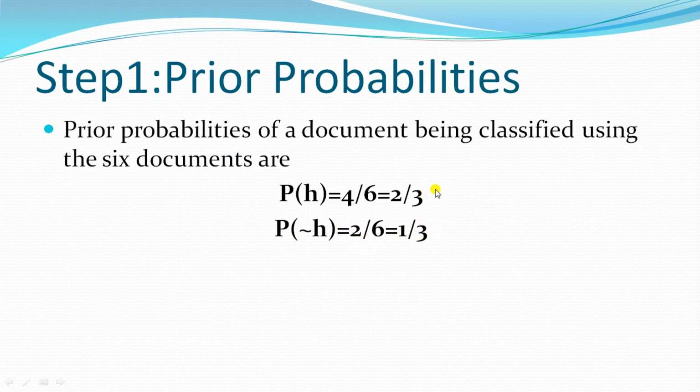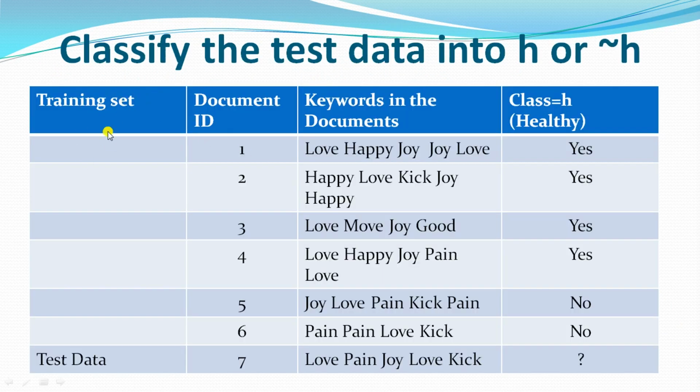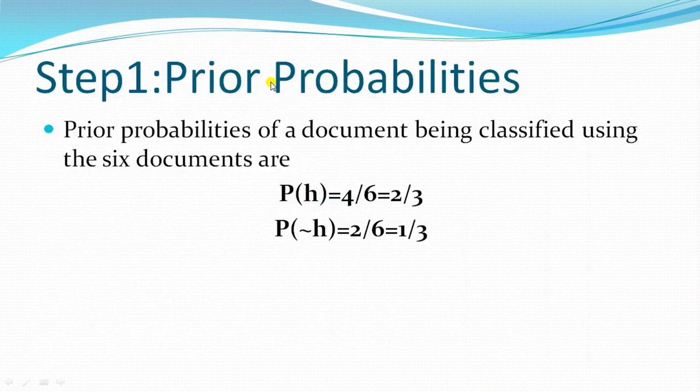That means 2 by 3 of the training set lies under class H and 1 by 3 lies under class negated H. Generally H means yes and negated H means no. So 2 by 3 lies under yes and 1 by 3 lies under no. This is our first step, calculating the prior probabilities.